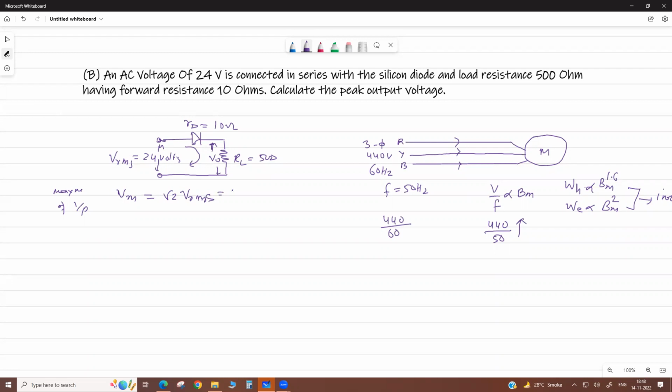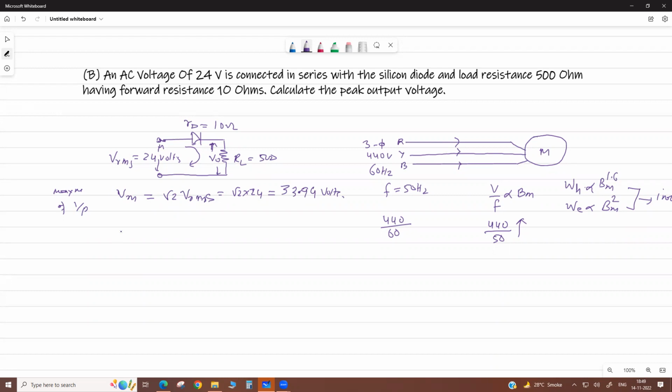So it comes √2 into 24. What is its value? 33.94 volts. Okay.